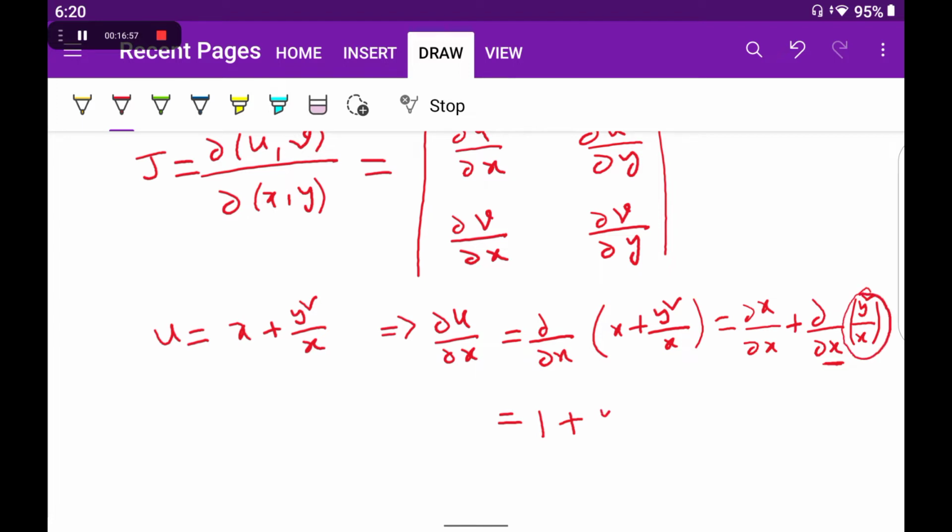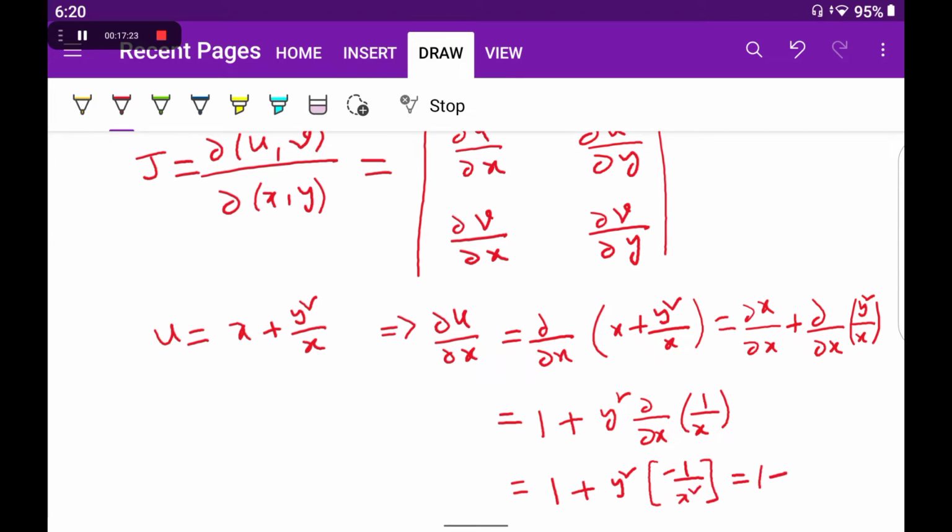You can take it as constant, because y square is independent of x, so you can take it out. So dou by dou x of 1 by x. Here it is 1 plus y square into the derivative of 1 by x, which is minus 1 by x square. So 1 minus y square by x square.